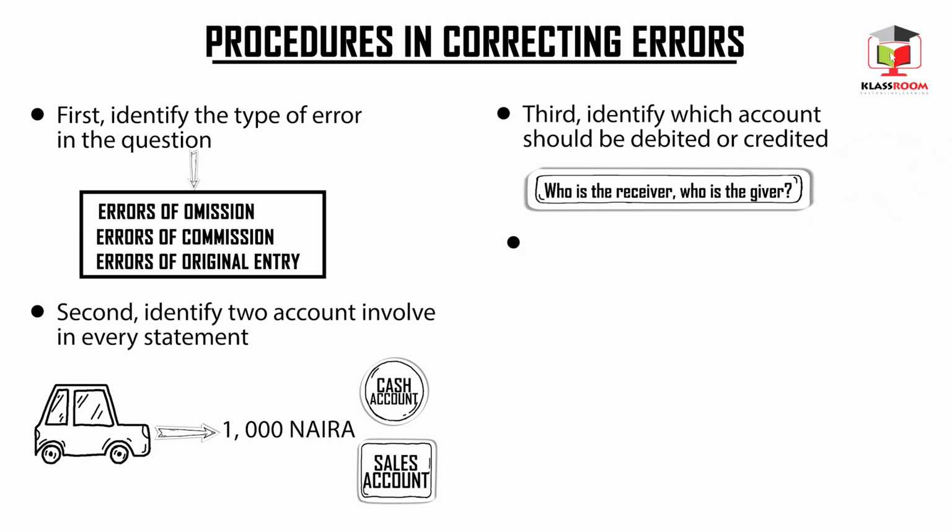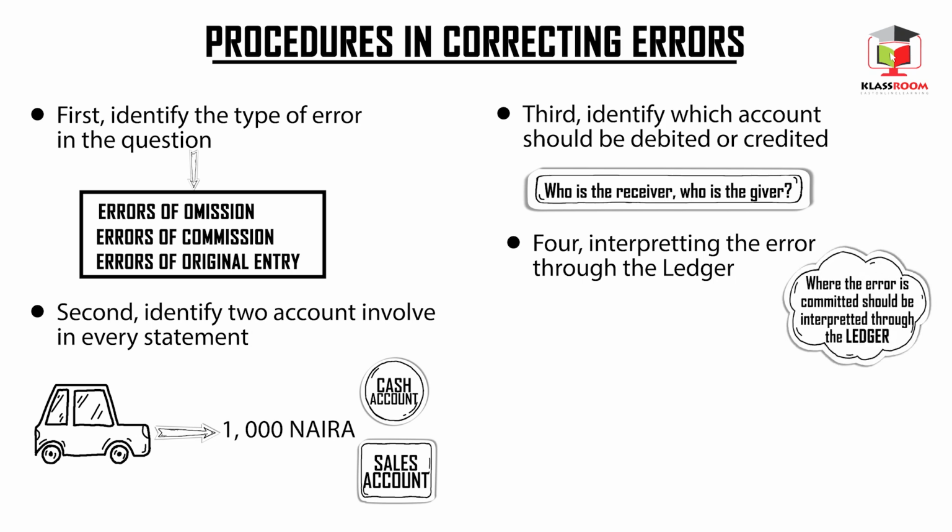The fourth procedure involving correction of errors involves interpreting the error through the ledger. That is, where the error is actually committed should be interpreted through the ledger. For instance, if we say paid rent 5,000 naira, rent account was actually recorded, debited, while that of the cash account was totally omitted.